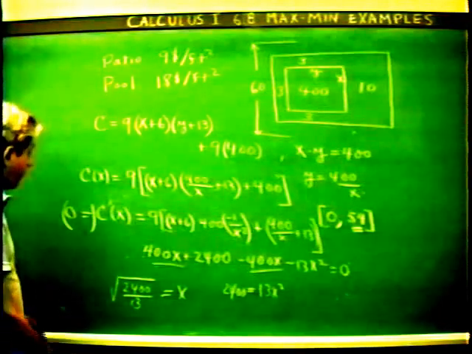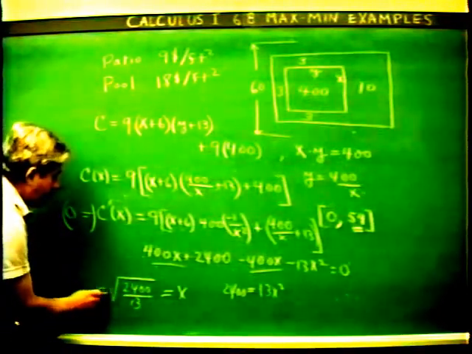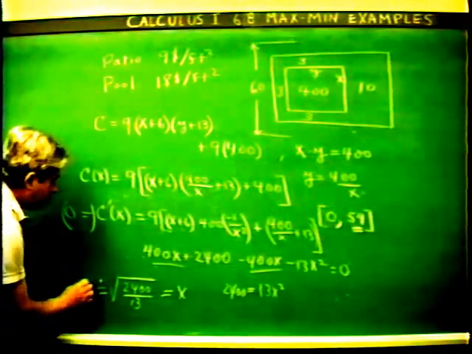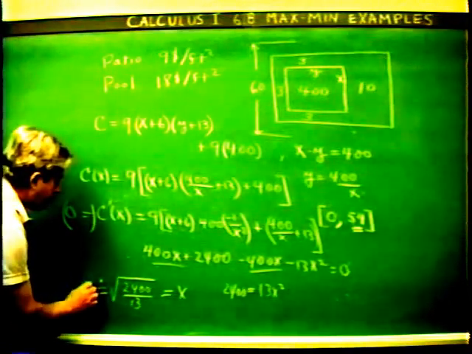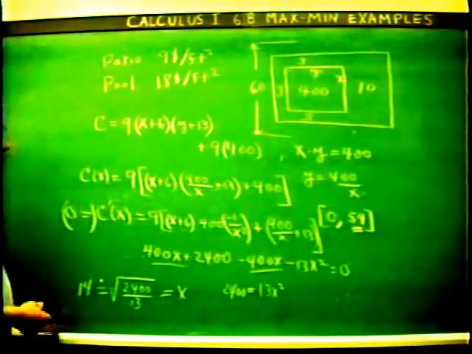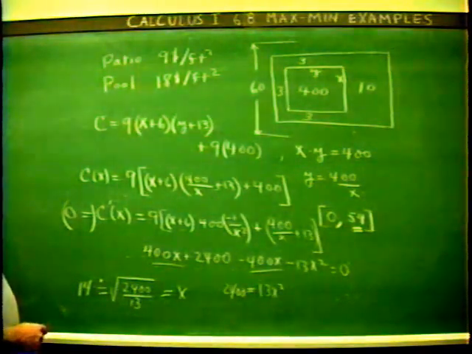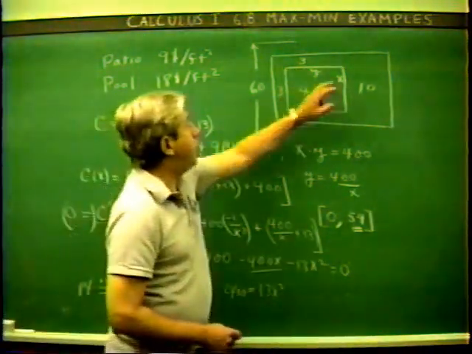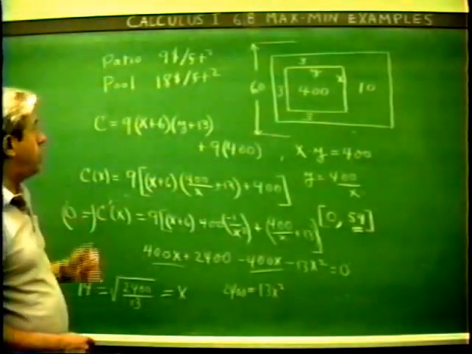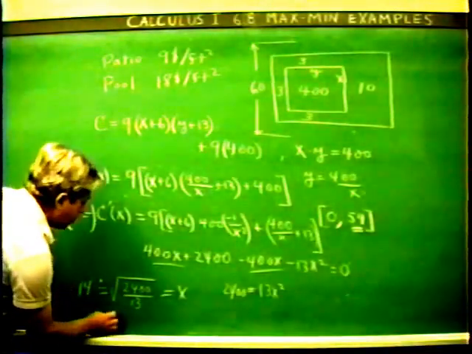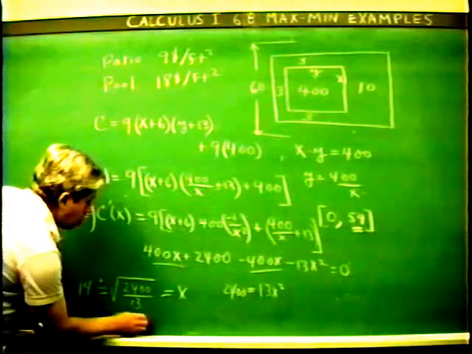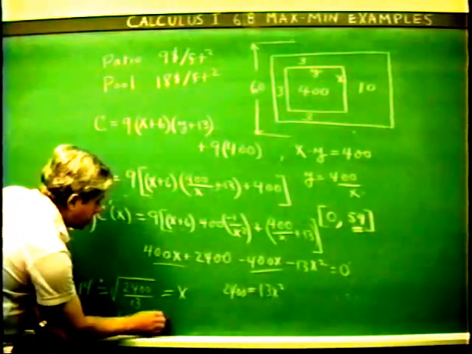Let's see, 13 into 2400 is about 200, and the square root of 200 is about 14. So this is going to be about 14 feet. And when x is about 14 feet, y is going to be, since x times y is 400, about 30 feet.